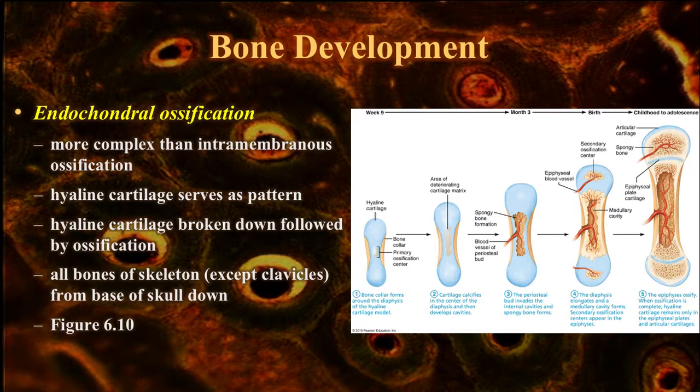Okay? So we have our primary ossification center here, starting in the middle and building out. And then we have secondary ossification centers starting in those epiphyses, those ends. And they're going to move out from that middle. What we end up with, though, during growth is the shaft, or the diaphysis, and the two epiphyses, and a little line of cartilage between the two.